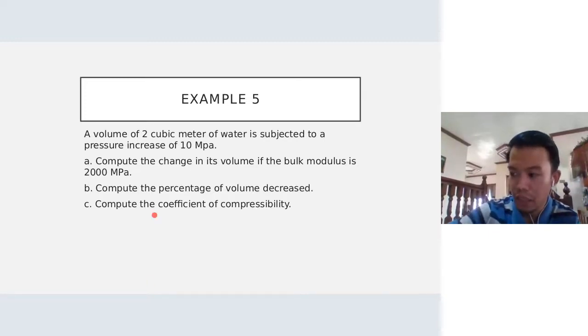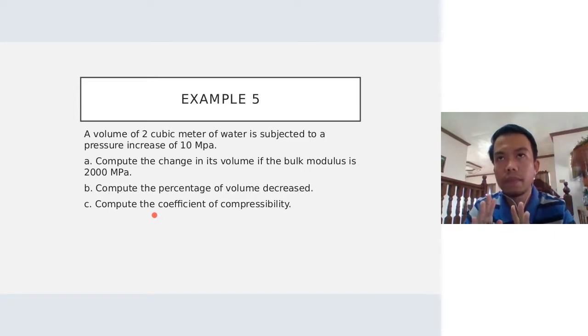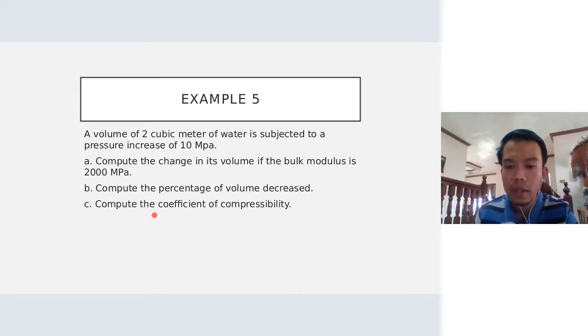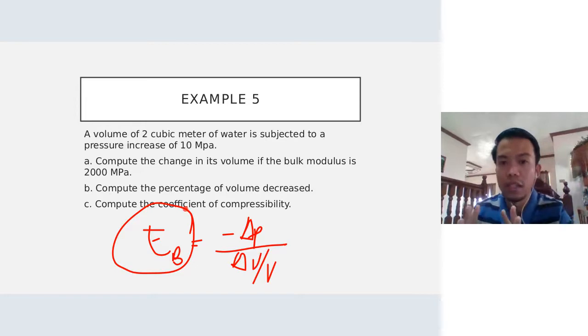Okay. So, may tanong si John Clarence. Sir, negative talaga yung pressure? Actually, ang negative doon is yung equation itself. Diba, E sub B equals negative delta P over delta V over V. Ang negative is sa bulk modulus of elasticity.